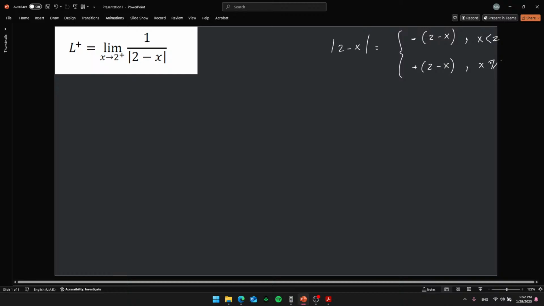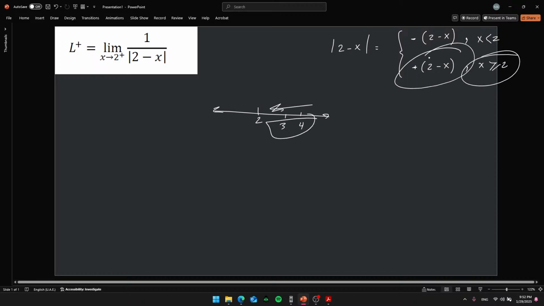X greater than 2. Okay. So x approaches 2 from the right. So let's draw the number line. This is 2 and we're approaching from the right, like values of 3, 4, all of these values are greater than 2, so we'll go with the bottom function.